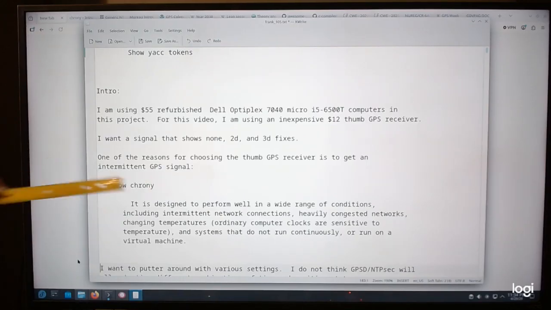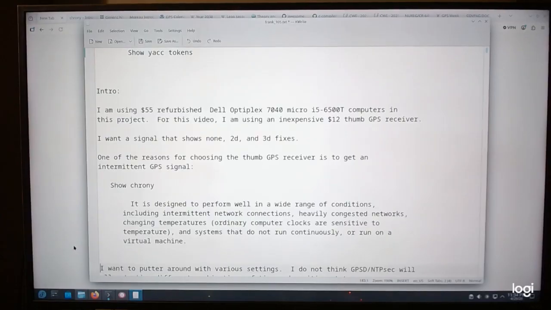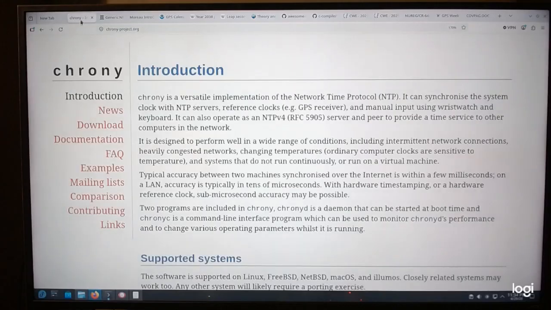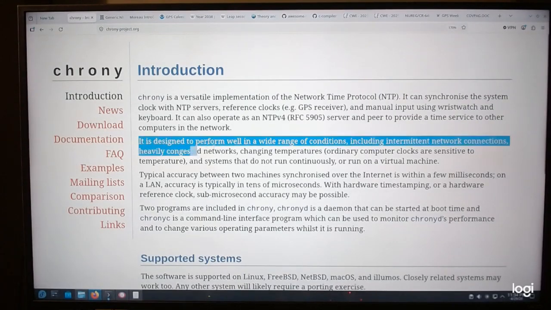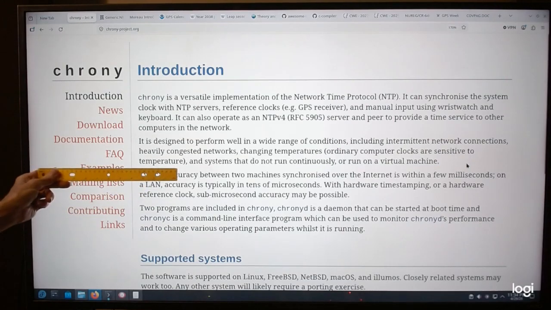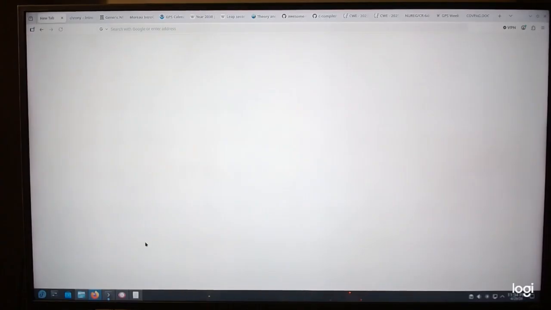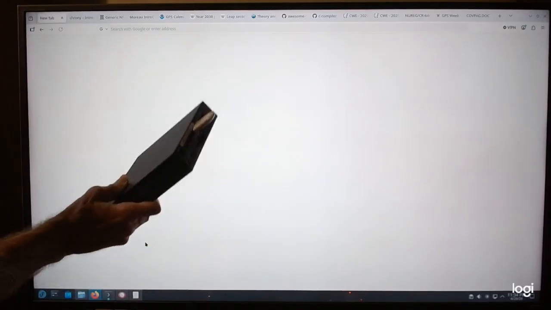I want to feed that to chrony, because chrony is designed to work well with those intermittent signals, with the wide range of signals, and so I want to play with that. That's the reason why I'm using this little thumb drive.